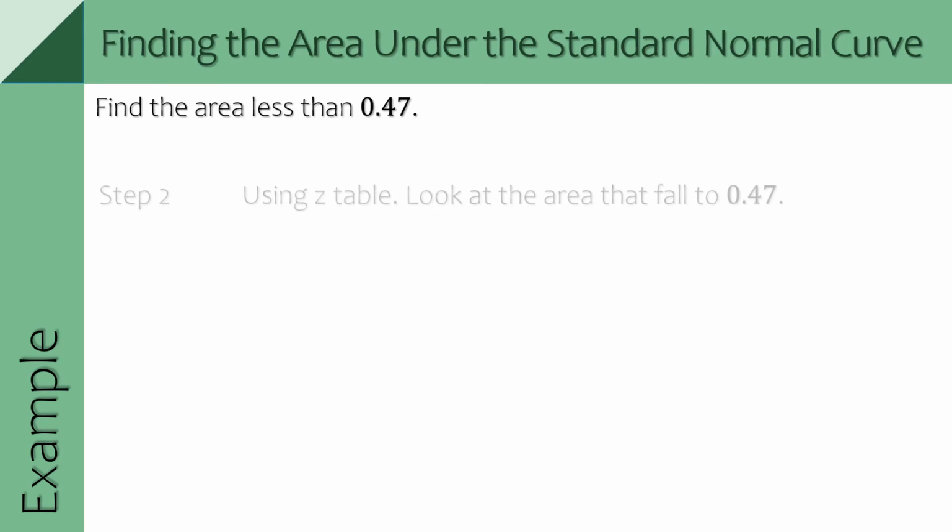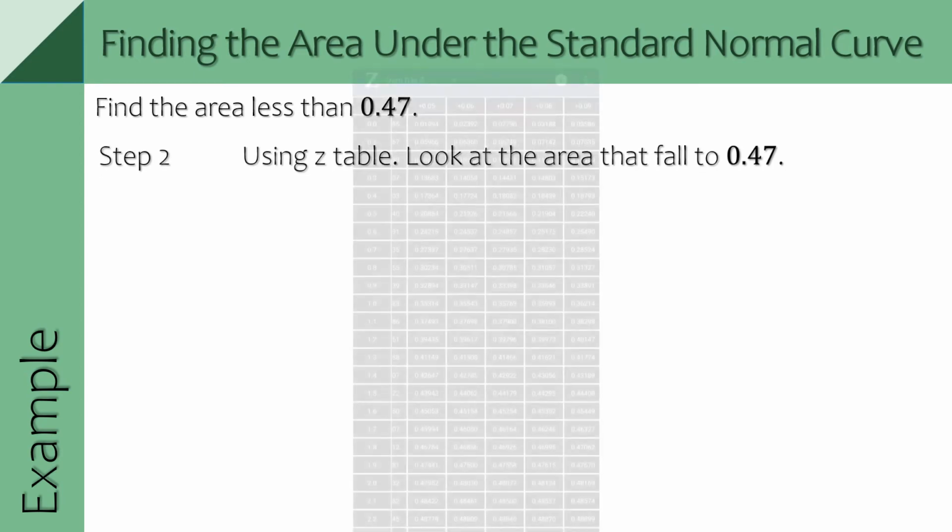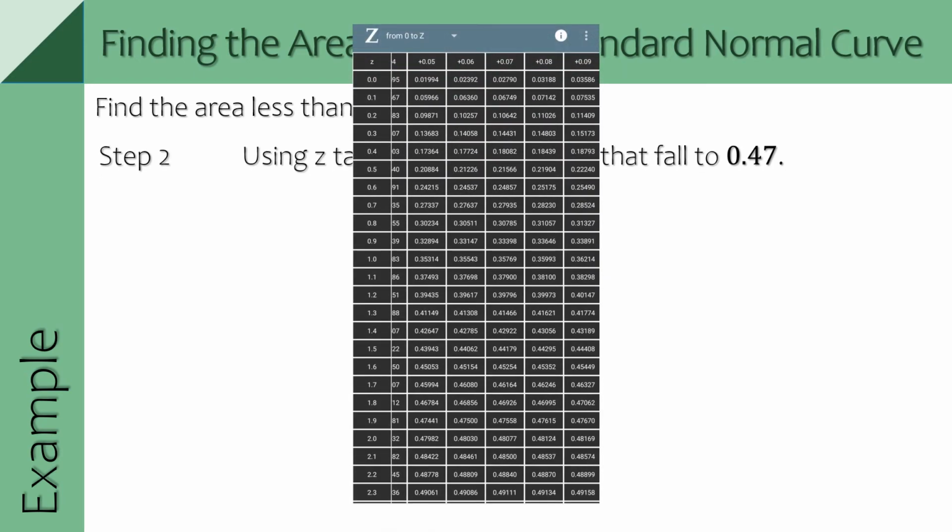0.47. Okay, so using the Z table, let us find the area that falls to 0.47. So let's start with 0.04. So this one, and then 0.07. This one.